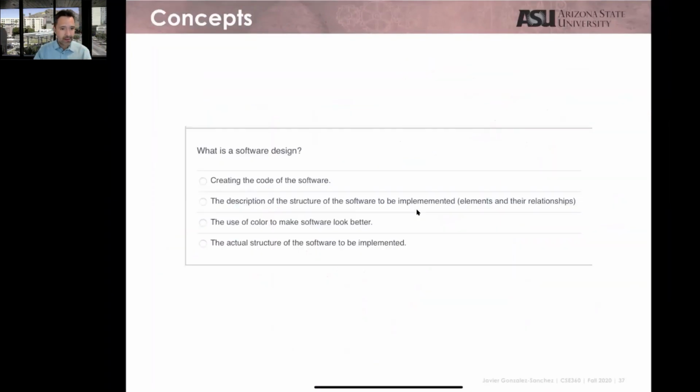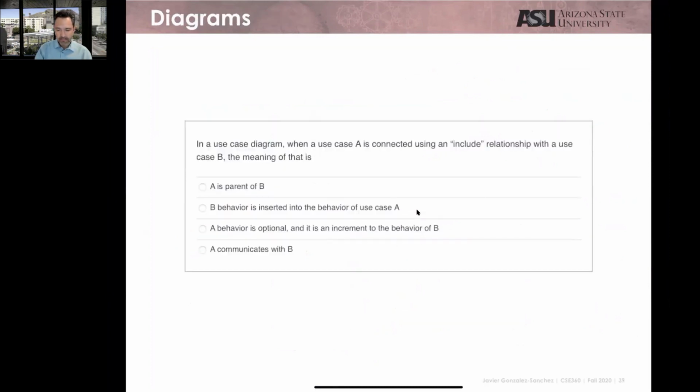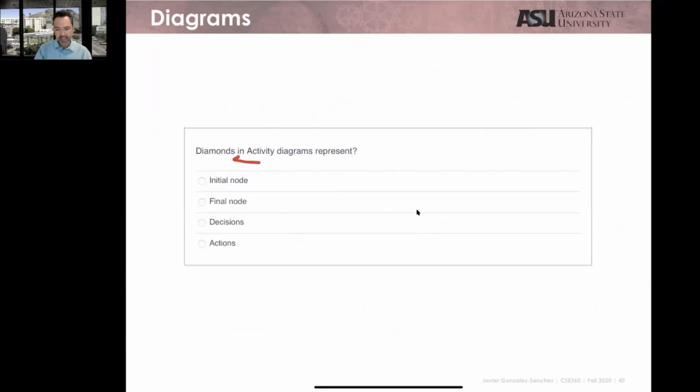Review that. Other than that, I am giving you in the slides questions like the ones that you're going to have in your exam. As I mentioned before, definitions. What is software design? And I told you before, process models, multiple choice. About diagrams, relationships used, multiple choice. Activity diagrams, elements, multiple choice.